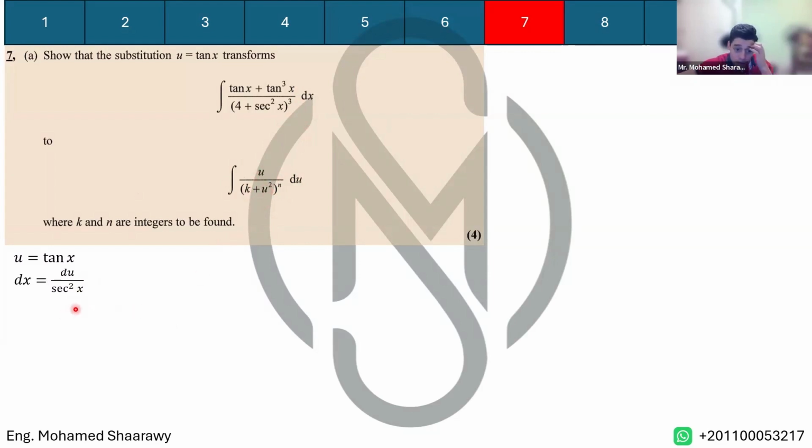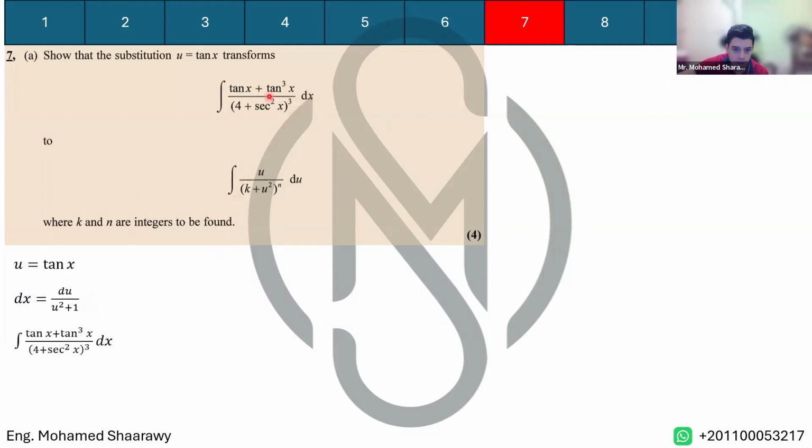So there is no benefit of replacing dx with something in x. So let me replace the sec squared with tan squared plus 1, which is the identity. Why is that? Because tan squared is u squared. Now, when I replace dx, it will be in terms of u, which is what I need.